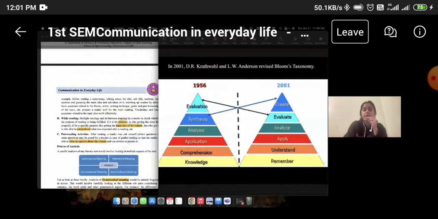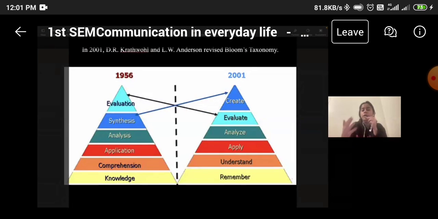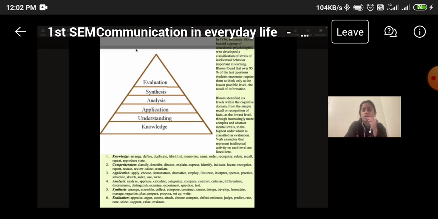So keeping this in view, we were given this reformulation of Bloom's taxonomy. Taxonomy simply means classification, in 2001. So what was changed in this taxonomy is that earlier, knowledge was right at the initial stage. What is knowledge according to Bloom?